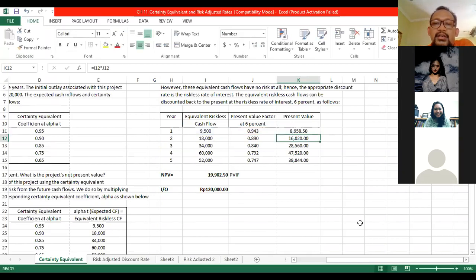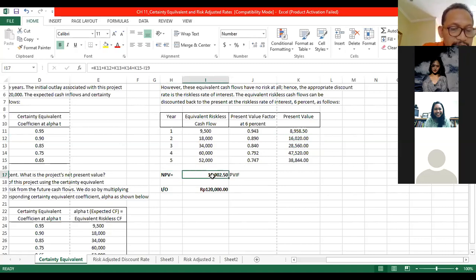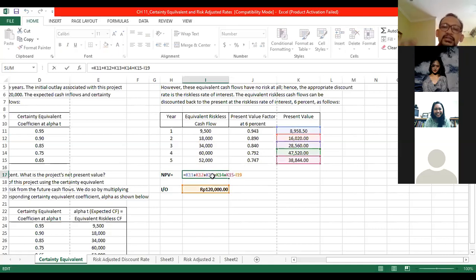After you find the present value, then you get the NPV. This is the calculation of the NPV. The present value, you just add this up. Your discounted present values, you just add this up, and then you subtract the initial outlay.